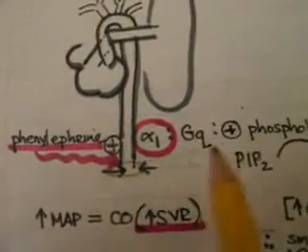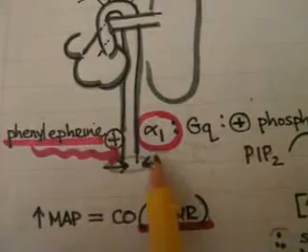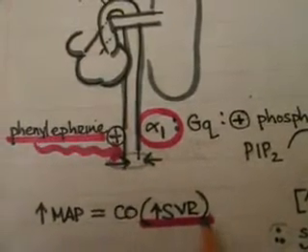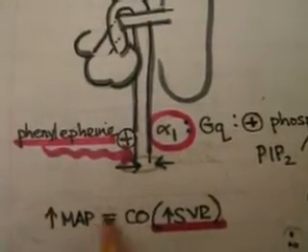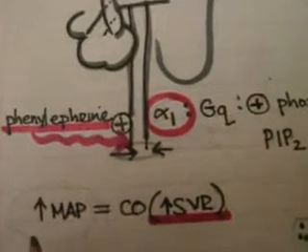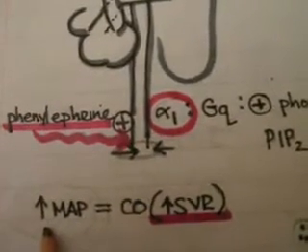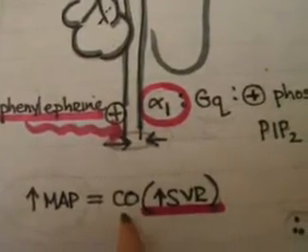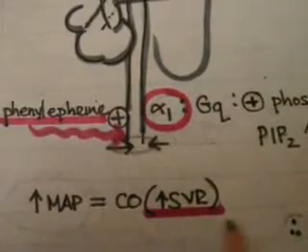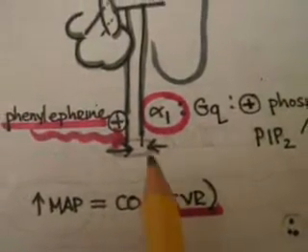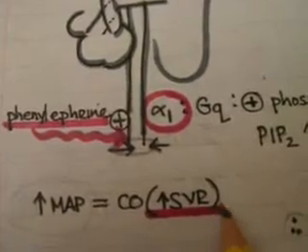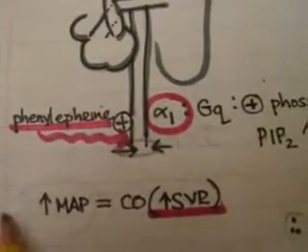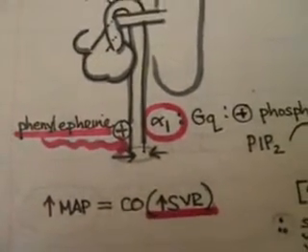And that increased peripheral vascular resistance or systemic vascular resistance is going to contribute to an increased mean arterial pressure. Because as we know from previous lectures, the mean arterial pressure equals the cardiac output multiplied by the systemic vascular resistance. So by stimulating the alpha-1 receptor, increasing the systemic vascular resistance will ultimately help to increase the mean arterial pressure.